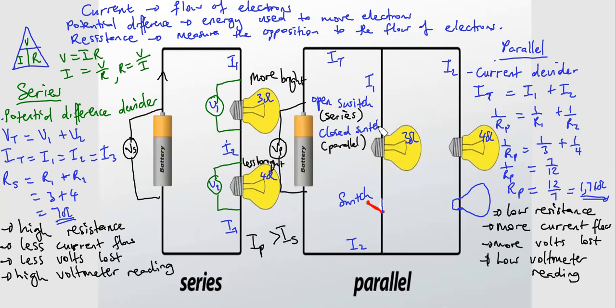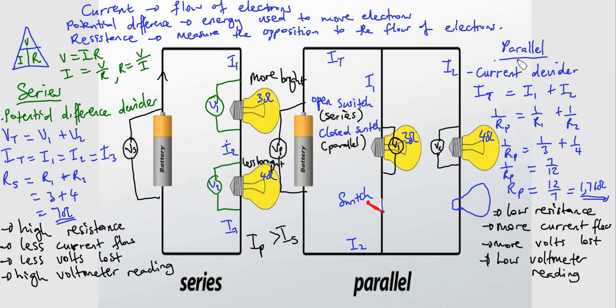Now, what about this side here, when we're talking in terms of voltage? The voltage here and the voltage here are the same. So the energy that you see here, V1 and V2.